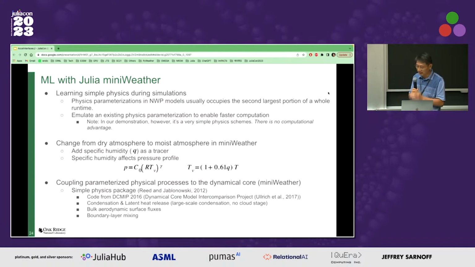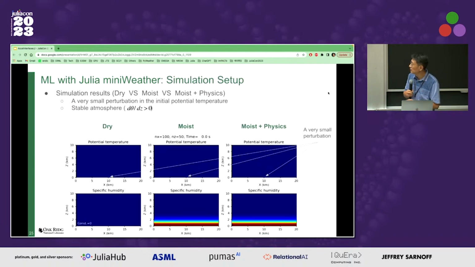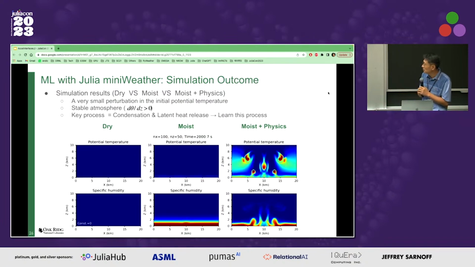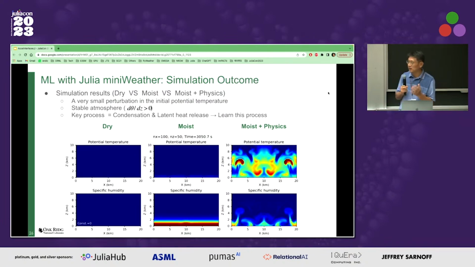And then we train that. The left is just dry, that's the original mini-weather. And he added some moisture simulation with some physics. And then he put some small perturbation in the center at the bottom. And we simulated.